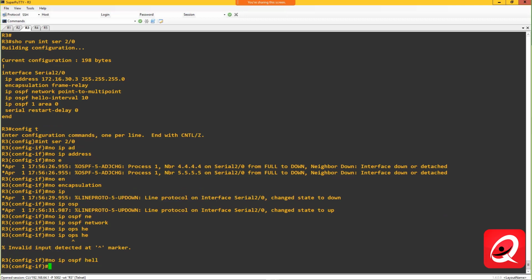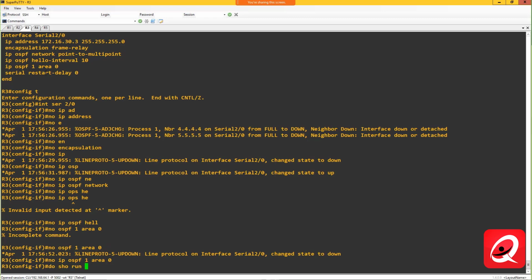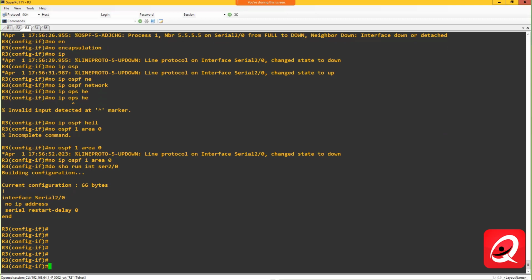And actually, let's even take off OSPF altogether. I guess I could have just defaulted the interface, but area 0. Okay, no IP OSPF. So do show run interface serial 2/0. All right, basic config, actually blank config on that interface.